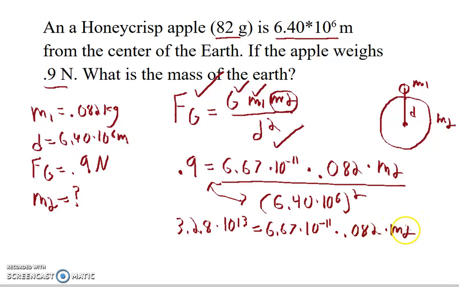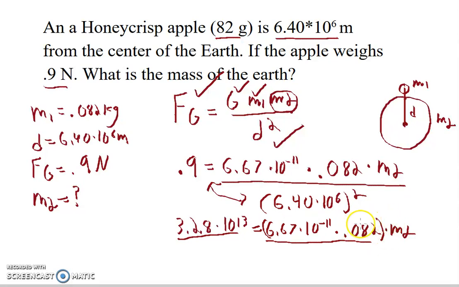So it's the next line, and then the very last thing, I'm going to combine two steps. I'm going to divide the left side, 3.28 times 10 to the 13, by the product of these two numbers, 6.67 times 10 to the negative 11 times 0.082.